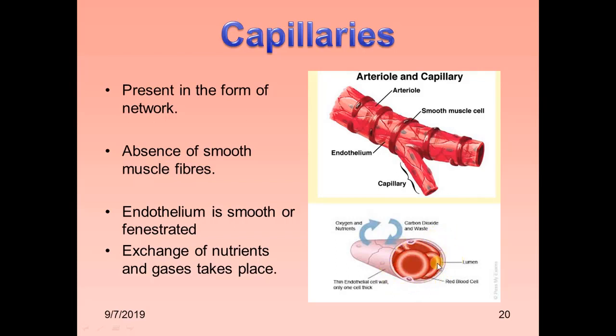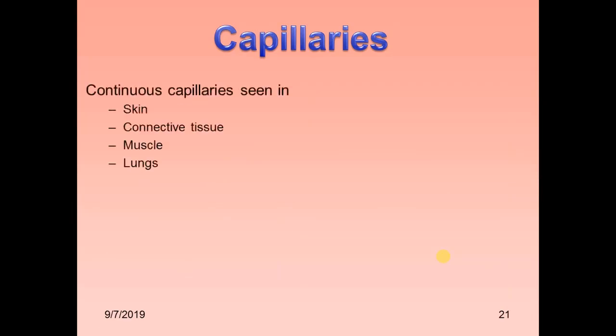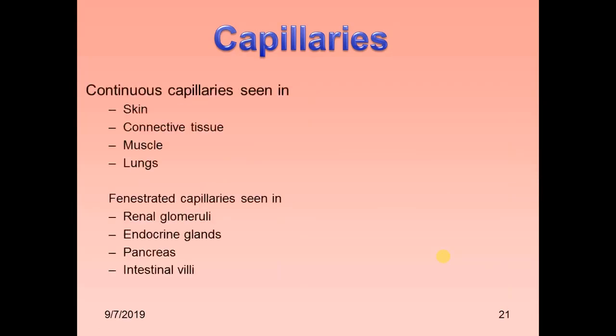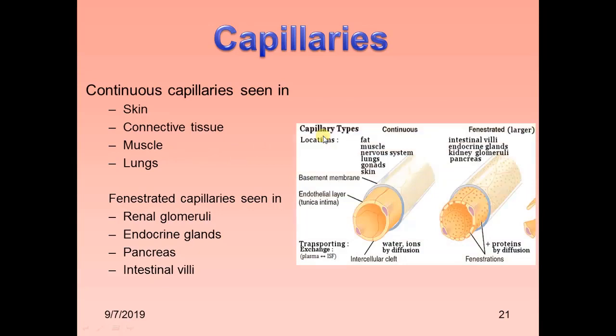The capillary length also might vary. In the skin you have capillaries which are a bit larger in size compared to other places. As I told you, the continuous capillaries are mainly seen in the skin, connective tissue, muscle and lungs. No fenestrations are observed here. Whereas fenestrated capillaries are mainly seen in the renal glomeruli, endocrine glands, pancreas and intestine. Mainly the fenestration is because they can allow some particles.